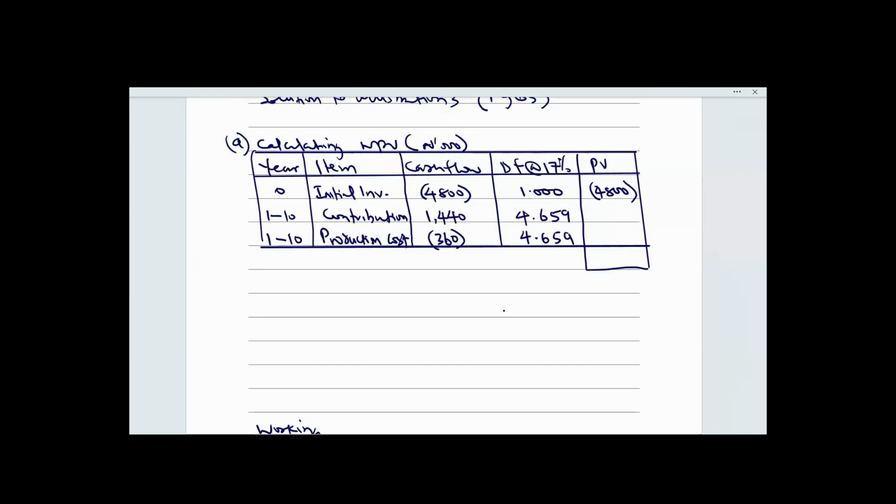So give me the present value for each of contribution and production costs. 1,440 multiplied by 4.659. What you get? 6,709. And 360 multiplied by 4.659 gives 1,677. So the difference would then be 232. NPV is equal to 232.